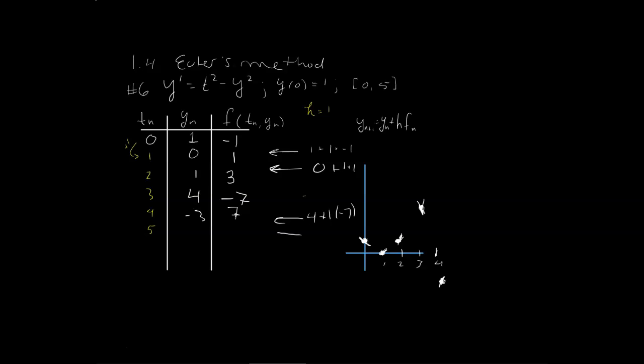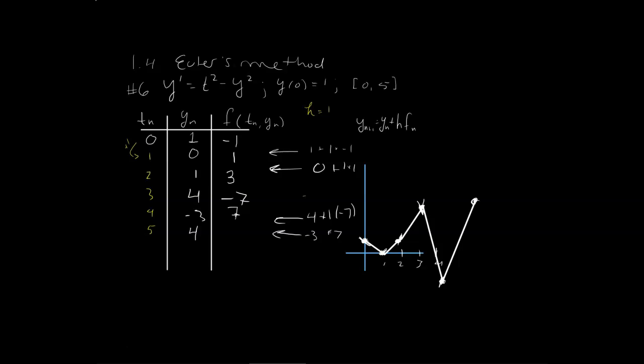Well, how far back up? Well, we're at negative 3 currently, and we're going to add to that h times positive 7, so plus 7. So in this case, we go up to the value of 4. And now if we want to really make this Euler's approximation, we would connect these points with little line segments. Say, here's the approximation for this graph if we have a step size of 1.